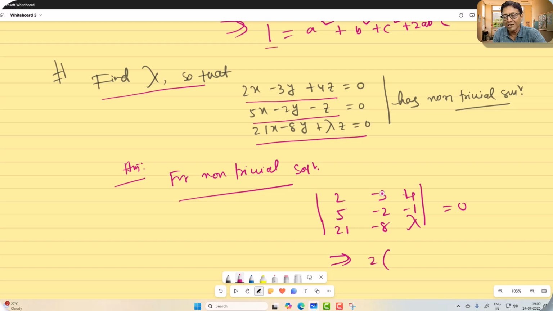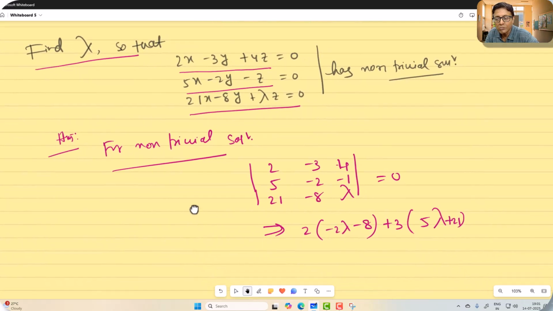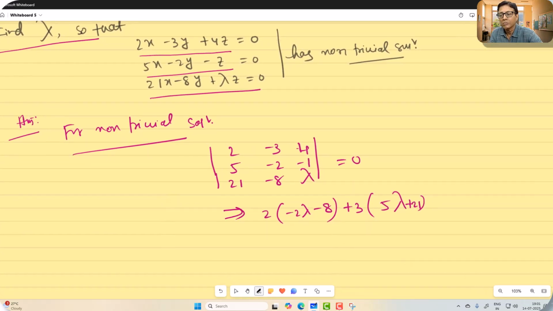So this implies 2 into minus 8 plus 3 into 5 lambda plus 21, plus 4 into, plus 42 equals 0.